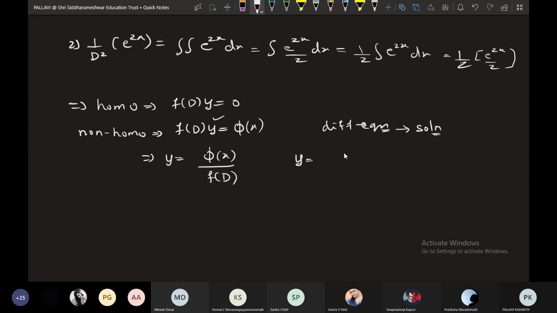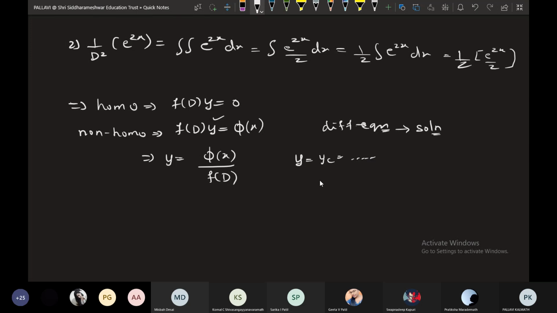So far you have solved the homogeneous differential equation, you found the roots, you wrote the solution, y equals yc equals whatever.